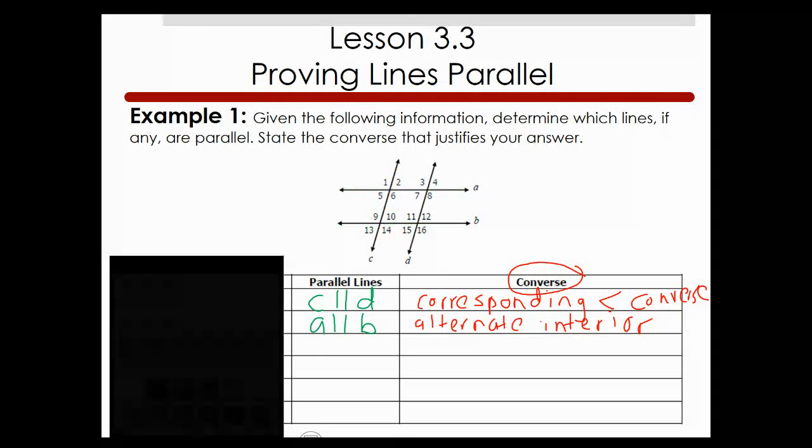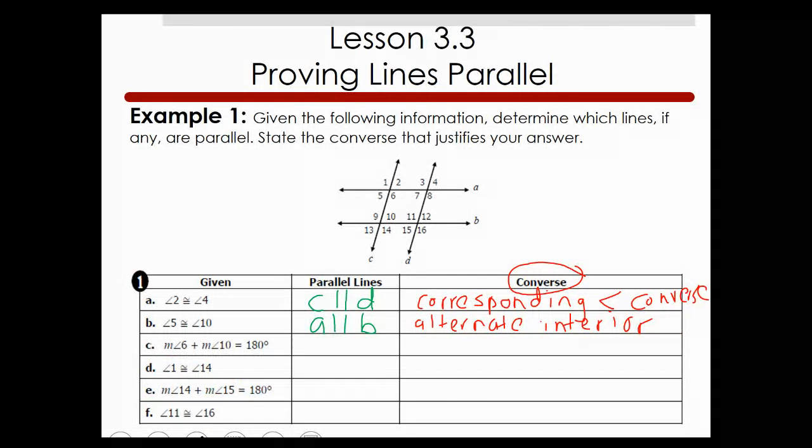Let's try the next one. 6 plus 10 equals 180. So 6 and 10, what is their relationship? This is the line cutting it. Their relationship is consecutive interior or same side interior, whichever you choose to say.